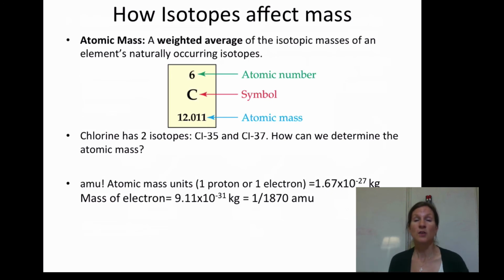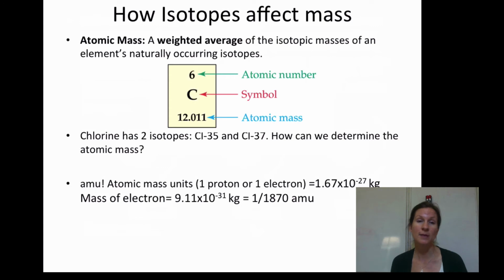Carbon-13 has those 6 protons and 7 neutrons. Okay? So the fact that isotopes exist, that we have multiple masses of the same element, means that you have to have an average mass. Now, it's not just an average the way you often think about an average. It's what's called a weighted average. So what a weighted average does is it gives you information in terms of what the most abundant or common isotope is.